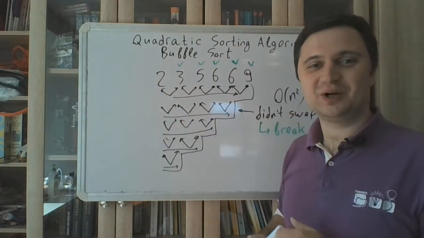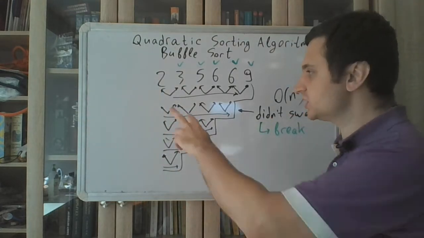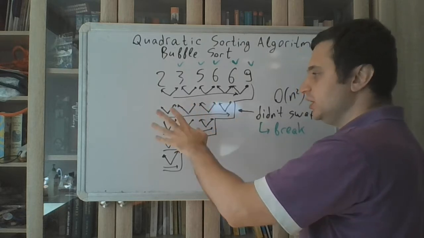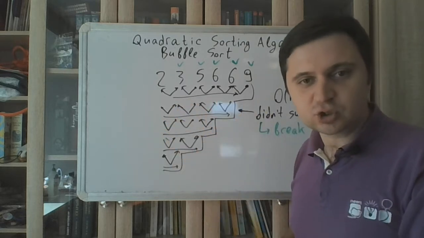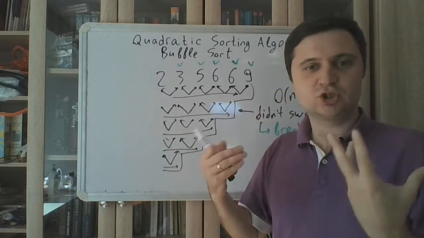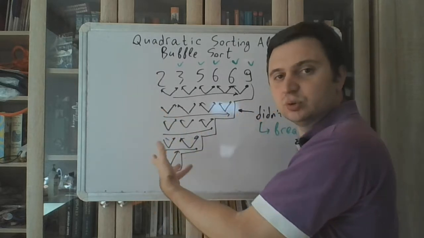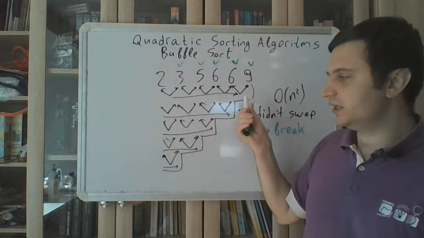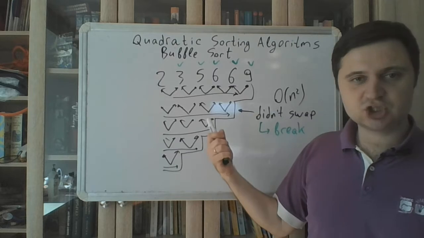And this variable is initially false, and if you do an actual swap in this position or in this position, anywhere, you put true into this variable, and after the for loop, if it's true, then you do nothing, you just continue the usual work. But if it's false, then you know that the long iteration didn't change anything.